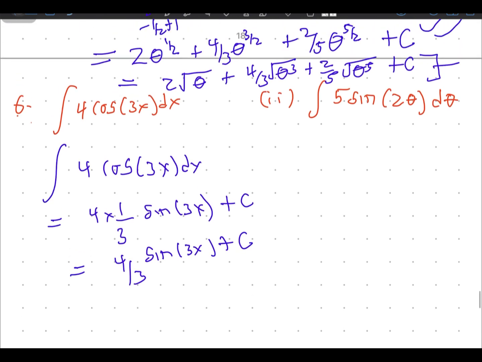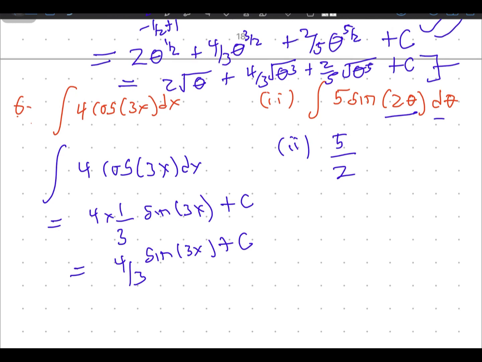So the next one is the II, which is 5 sine 2 theta. As I said, differentiate whatever is in the brackets and then you divide. So now we are going to get 5 over 2, because when you differentiate 2 theta with respect to theta, we are going to get 2, and the 2 we divide.